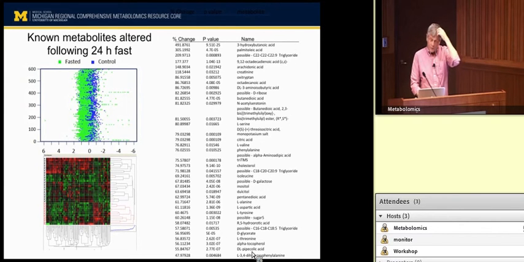I showed you earlier that we have this animal model where we bred for high and low running capacity, and they clearly metabolize different substrates differently. We made a 700 animal F2 cross, and we're doing the metabolomics on all of these, if I can find the money.